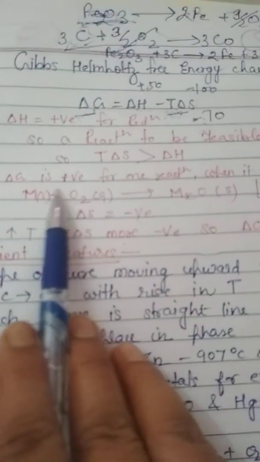Now let's see the next point. Suppose for a reaction the value of del G is positive, and if we couple this reaction with another reaction that has a more negative value, then the resultant value of del G would be negative and the reaction will become feasible.